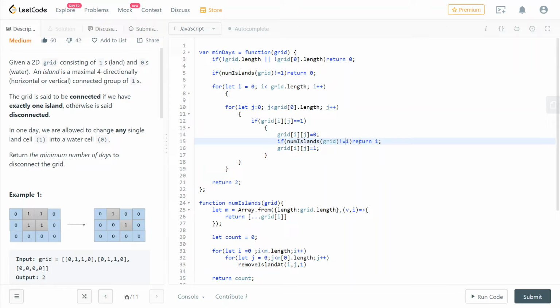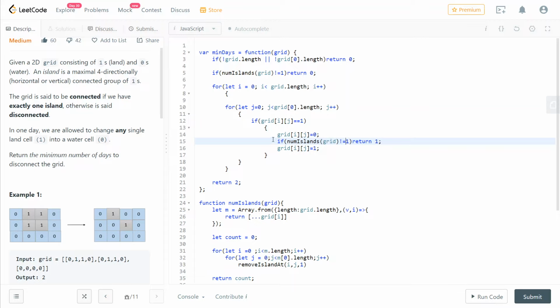And then if it is, then we know that removing this piece of land will make it disconnected, because the amount of islands is different than 1, which is the definition of disconnected. So we can return 1, because modifying one cell allows us to make it disconnected. So we only take 1 day.